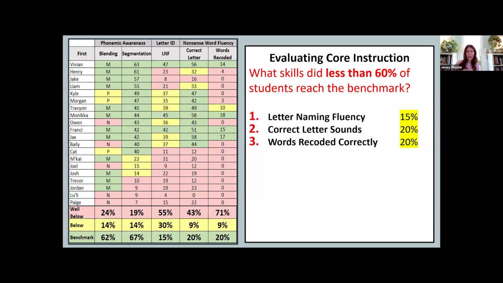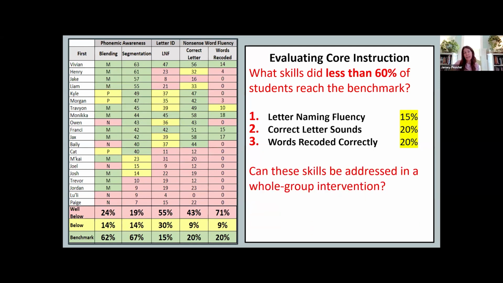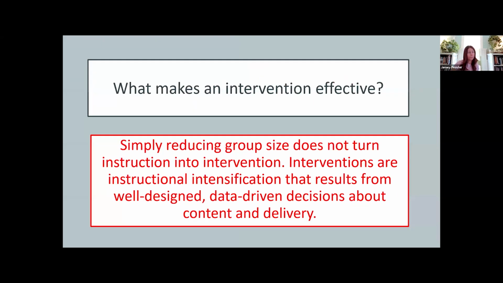But at a surface level, it looks like this is a whole group intervention. If I want to know whether it can be addressed in a whole group intervention, I might do some spot checking of data to look at error patterns. I might try some whole group intervention and gather observational data to see if there are any outliers. So it probably means I'm going to need to gather some additional data to see if that is the right decision to improve outcomes.